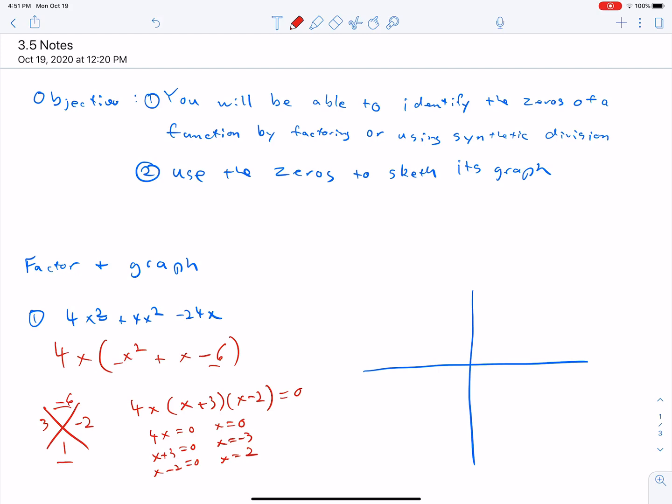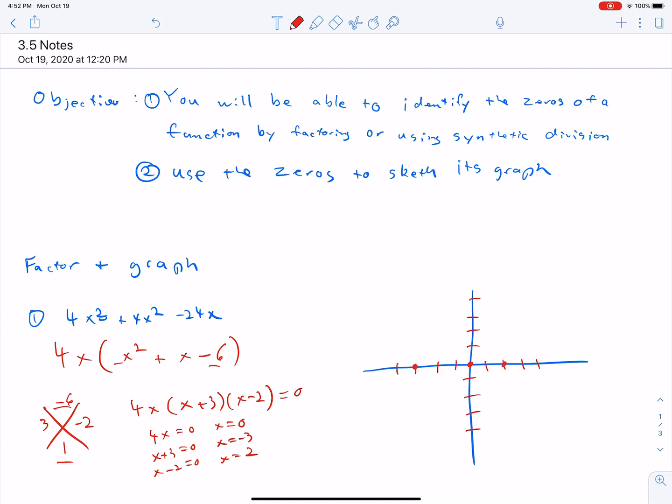As a result, we are able to take this graph now and plot those zeros. Those are all of our zeros. So we have one at negative 3, we have one at 0, and we have one at 2.